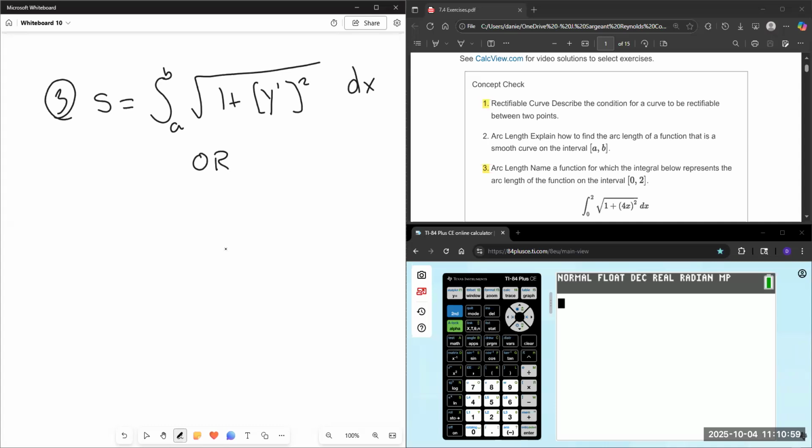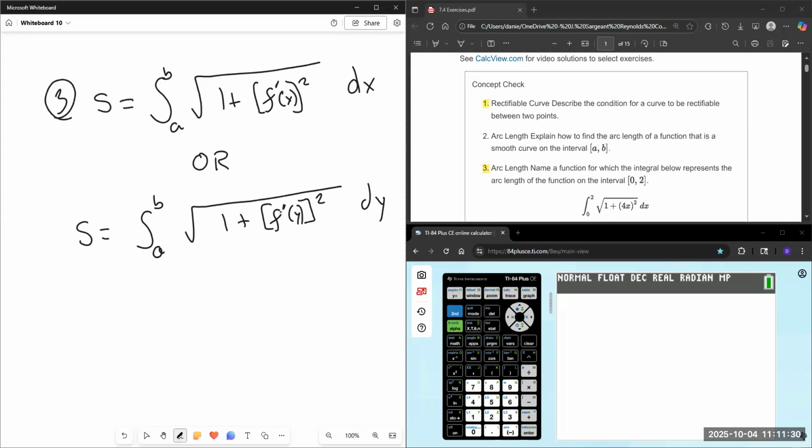Or s is equal to the integral from a to b of the square root of 1 plus x prime squared dy. Let's call this f prime of x to be consistent with what we just did.